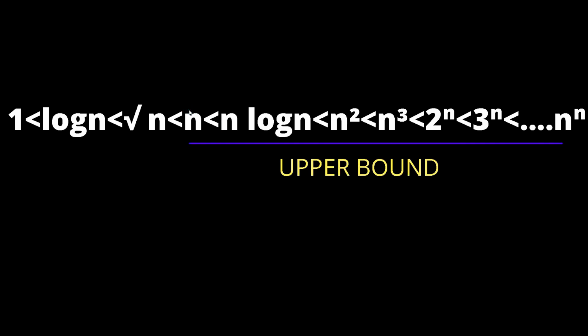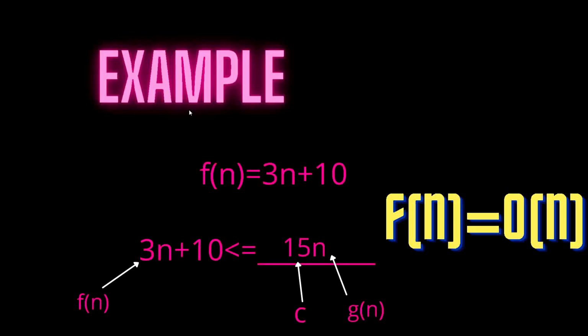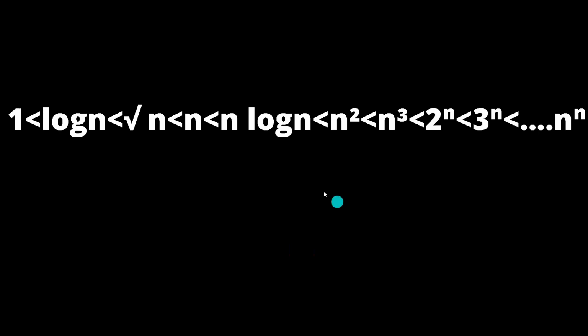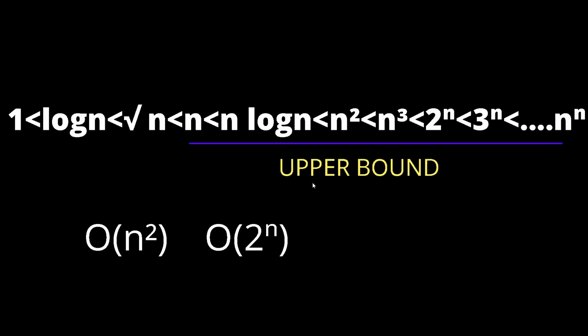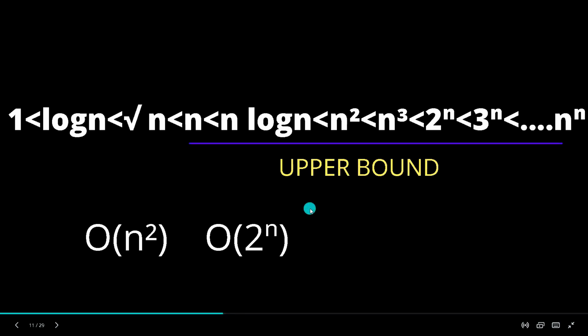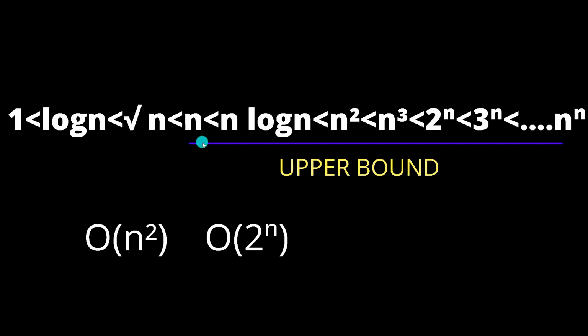Now if you look at our particular example, big O of n is the value we got. So big O of n is true, and big O of n square is true, big O of 2 to the power n is true. This is the meaning of upper bound. Whatever value is present after n is true.